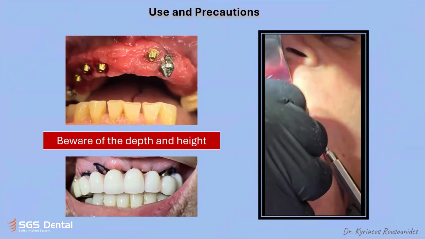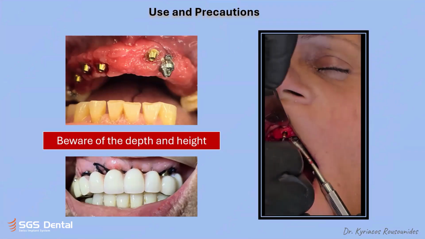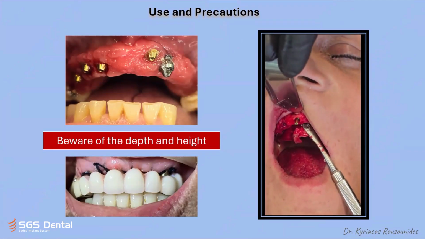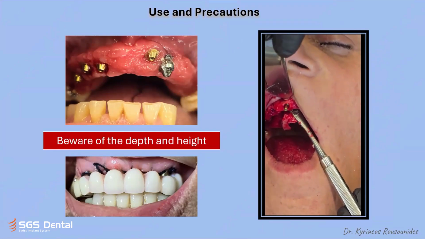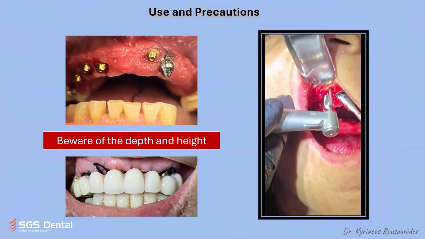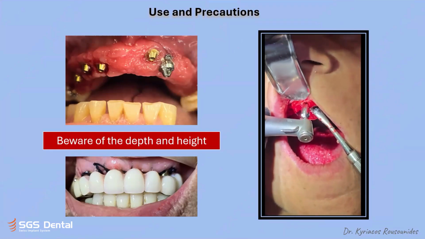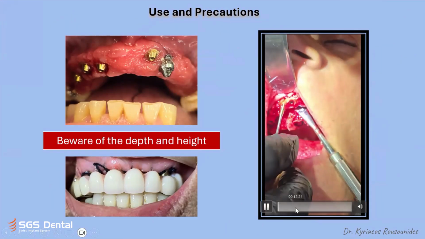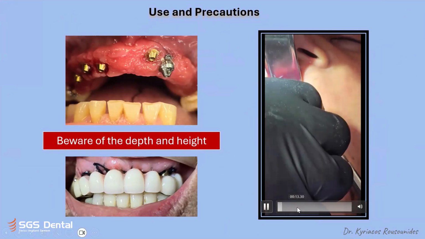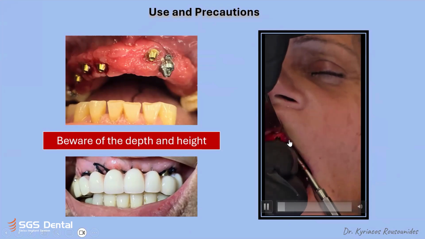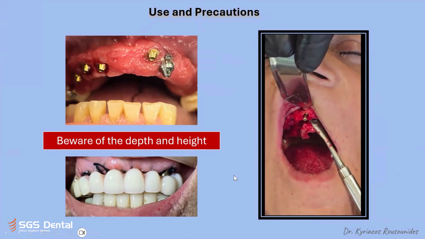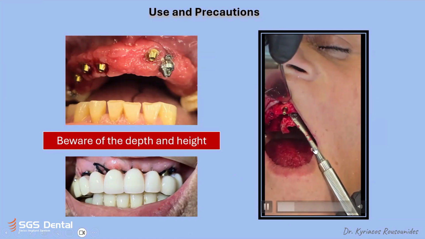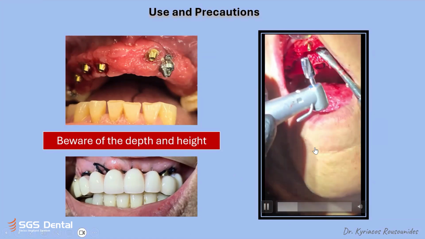We have in the new surgical kits of SGS two instruments that were produced after a lot of discussion. Here we see how they work. This is a pin that is inserted on the implant, and you can see it here.